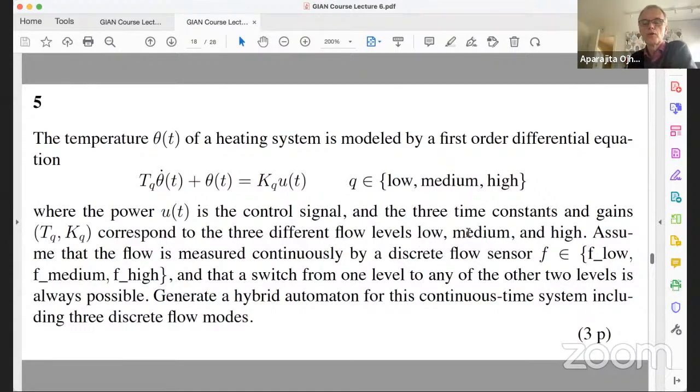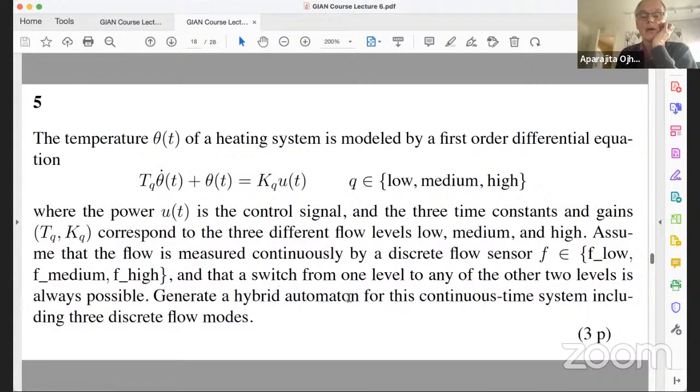So you could have low flow, medium flow, or high flow. And we only have a discrete sensor measuring this, showing low, medium, and high. The switch from one level to any of the other 2 levels is always possible.